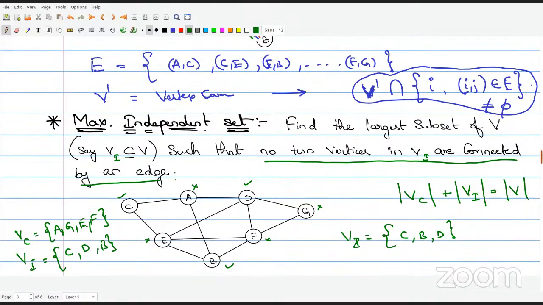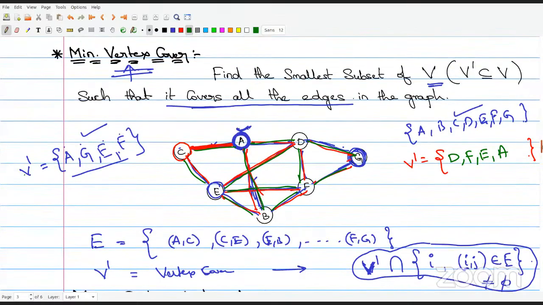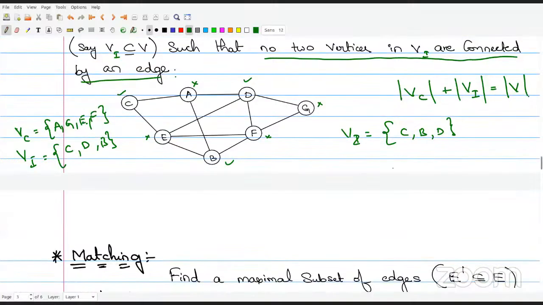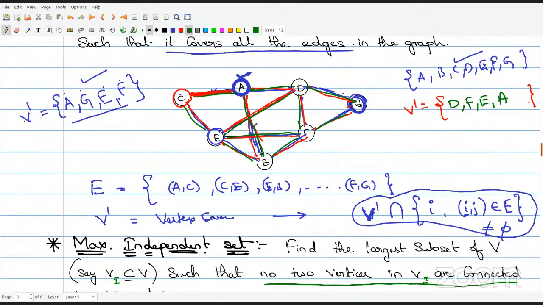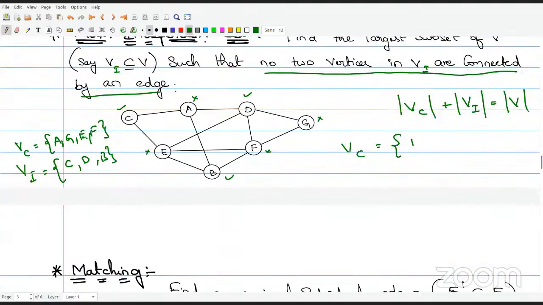Again, you have DFEA as a vertex cover. If the vertex cover you have chosen is DFEA, then the corresponding maximum independent set will be BCG.